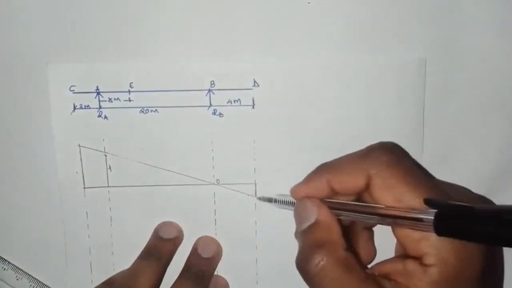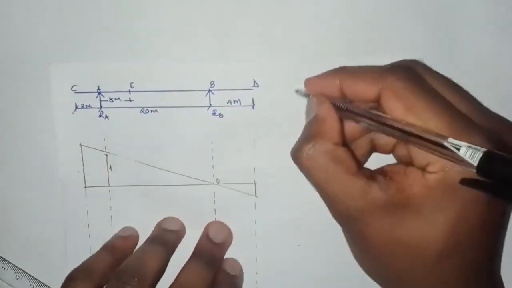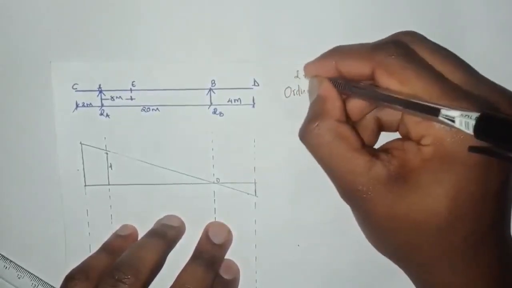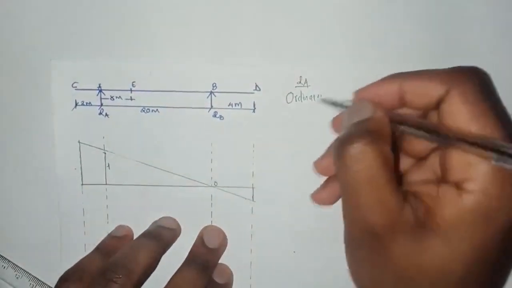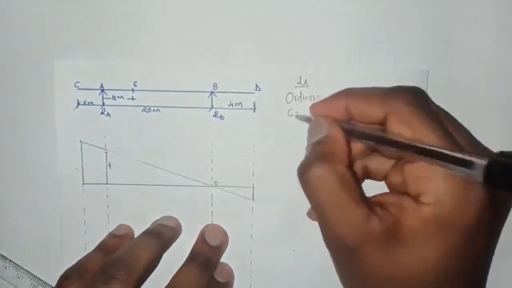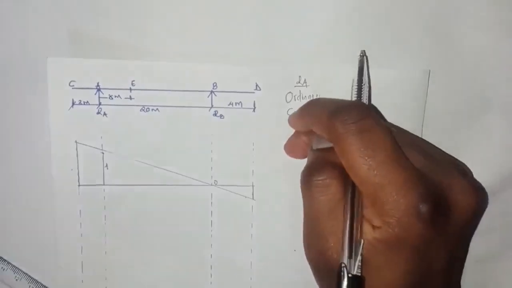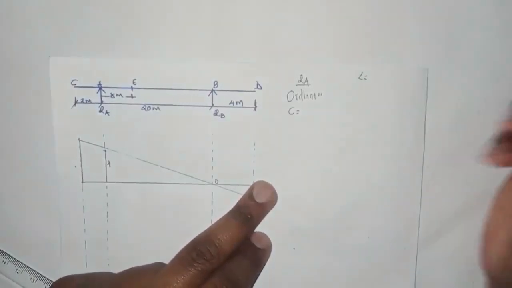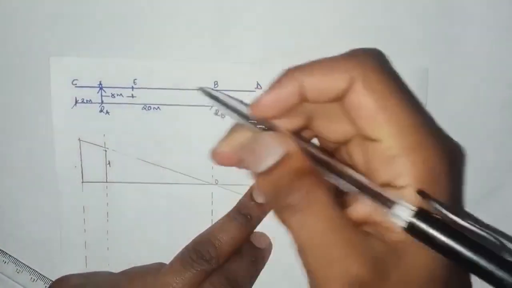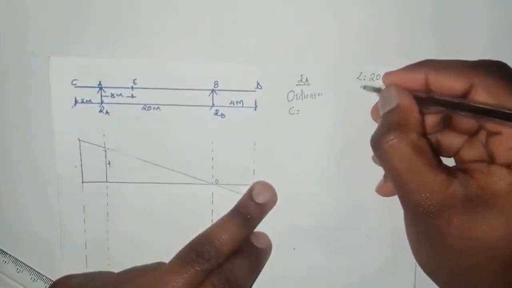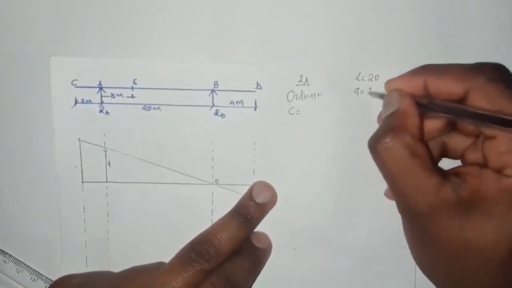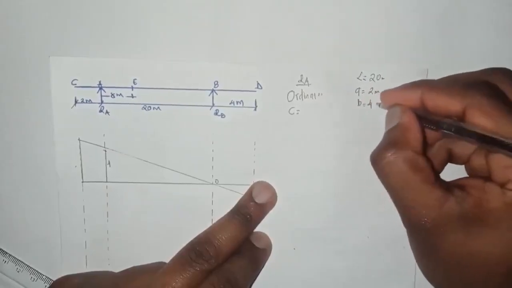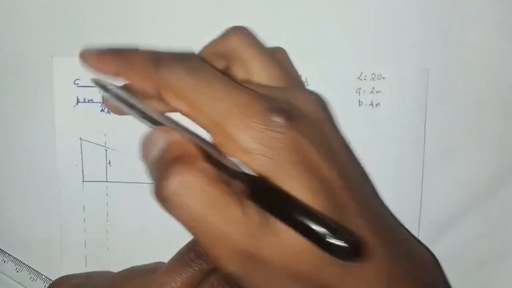So our ordinate for reaction A at C: our whole span is going to be L, which equals 20, and from C to A we are going to name it a, which equals 2 meters, and from B to D we are going to name it b. So here it is going to be b, and here a.